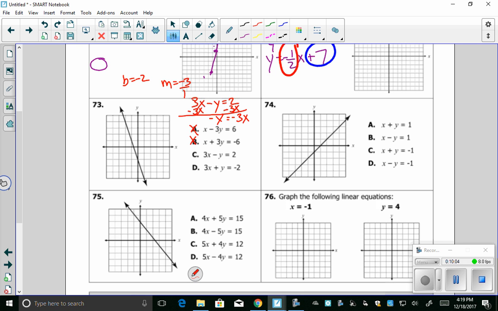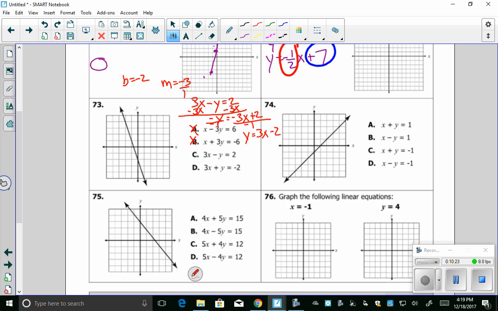Negative y equals negative 3x plus 2. Divide by negative 1, and you get y equals 3x minus 2. Well, my y-intercept is right, but my slope is still wrong.